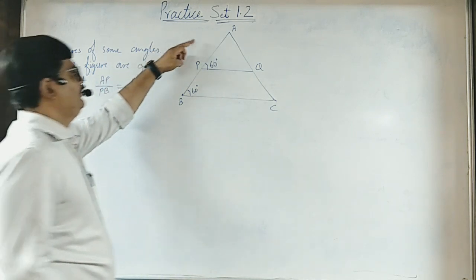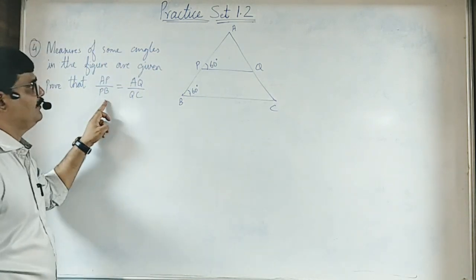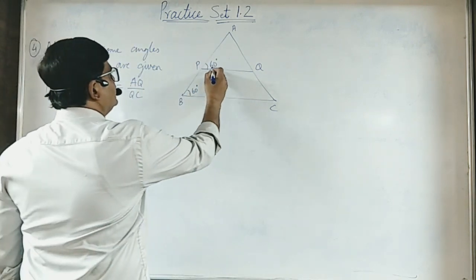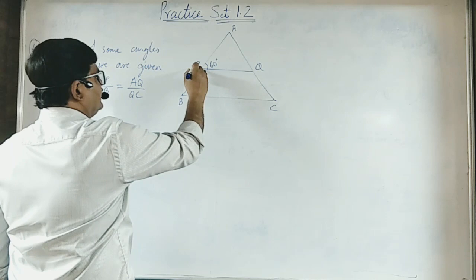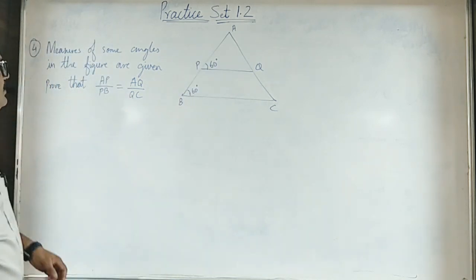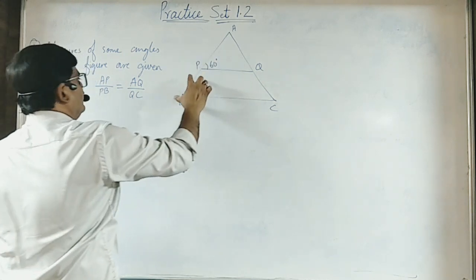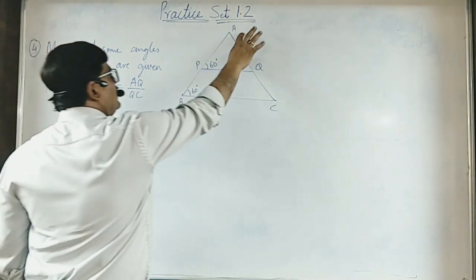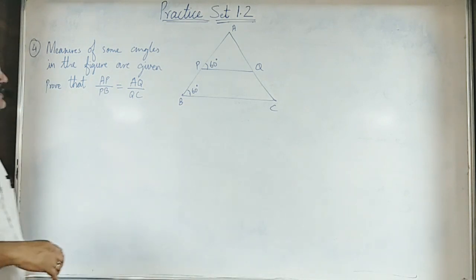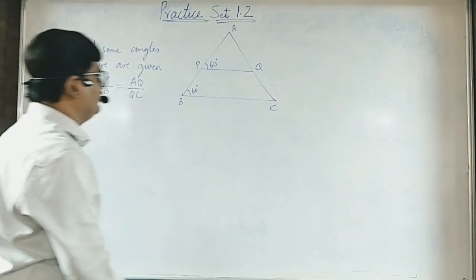Prove that AP upon PB is equal to AQ upon QC. The angles are given: APQ is 60 degrees, and PBC is also 60 degrees. This is related to the theorem we have done.